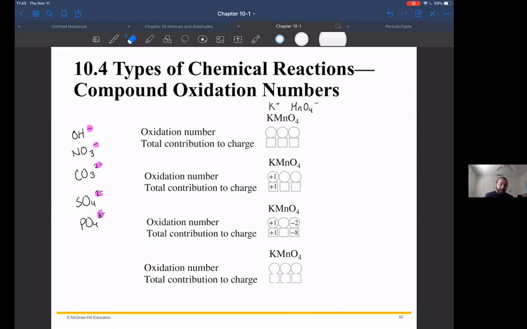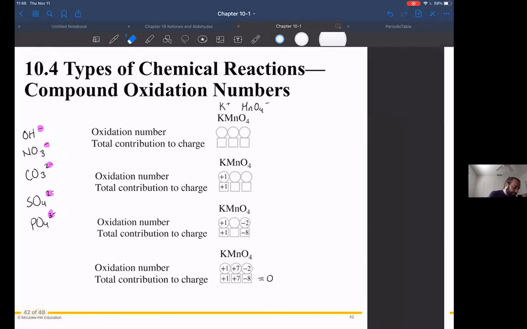So now I can work backwards to figure out what that manganese ion is, because all of these have to sum to 0 down below here. So I have 1 and -8. That means that I would need to have a +7 in order to have that sum to 0. So the oxidation state on the manganese atom is +7.